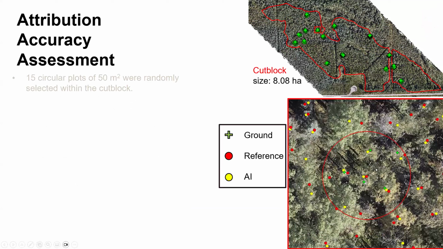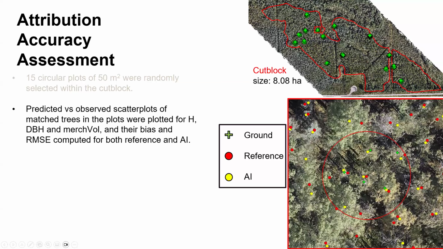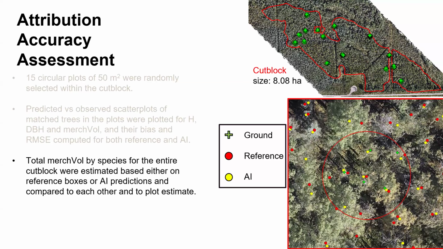For those trees that we could clearly see in the ortho and that have a matching tree both in the reference and the AI, we compare the ground measurement with the reference or AI measurements to derive RMSE and bias of the reference census or the AI census for height, DBH, and merchantable volume. And then, with the censuses, we can compute the total merchantable volume for the entire cut block and compare it to the ground also.